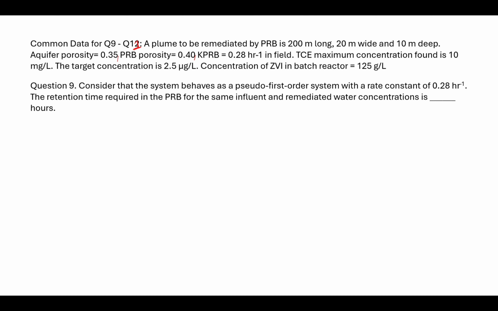So let's see how to solve this question. We have been given the maximum concentration of TCE. So let's first write out whatever is given. TCE maximum concentration is 10 ppm.